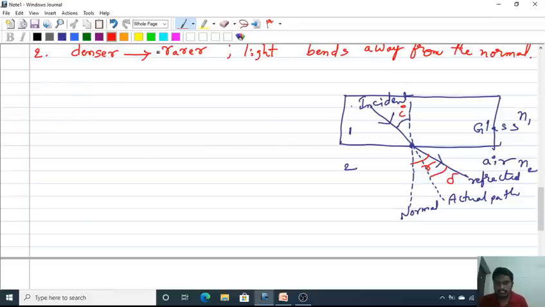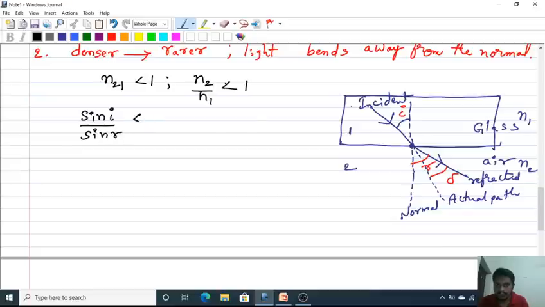Okay, so in this case we can write n21 is less than 1, n2 by n1 is less than 1, and from Snell's law sin i by sin r is equal to n2 by n1, which is less than 1.